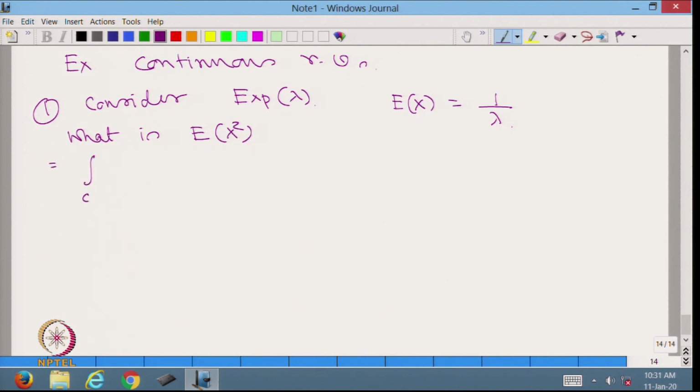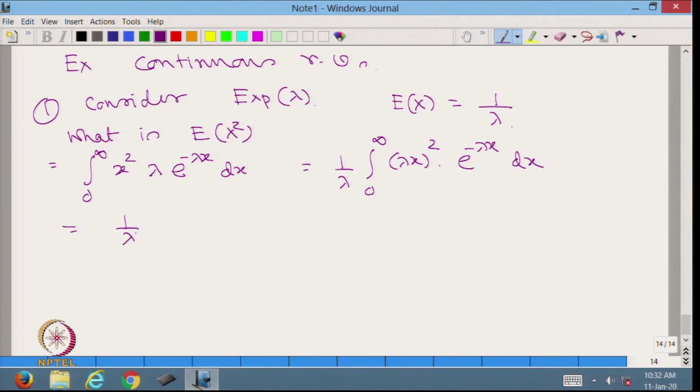This is equal to the integration from 0 to infinity of x square into lambda e to the power minus lambda x dx, which is equal to 1 upon lambda into the integral from 0 to infinity of (lambda x) whole square into e to the power minus lambda x dx, which is equal to 1 upon lambda square times the integral from 0 to infinity of lambda x square e to the power minus lambda x into d lambda x.